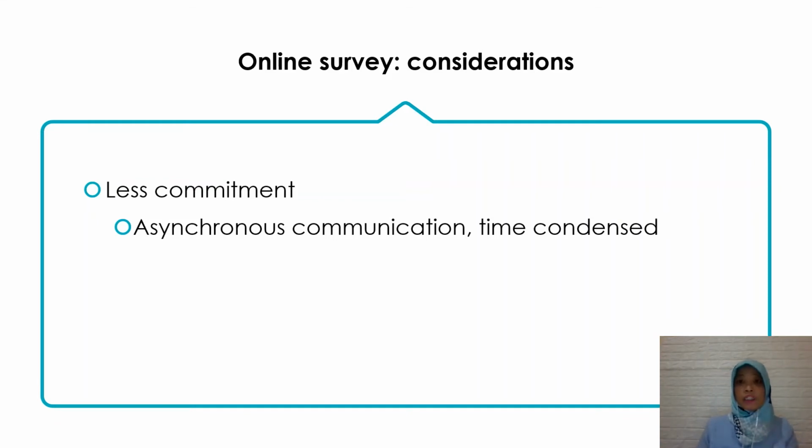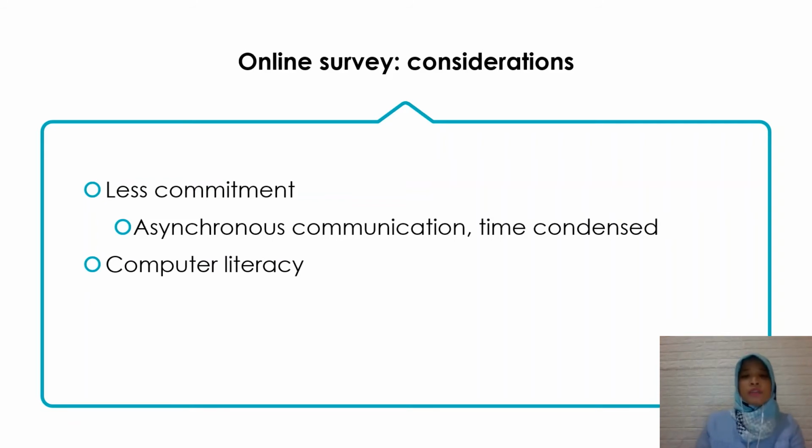If we are conducting the survey in a classroom setting and there is a researcher there, there's a way for the researcher to communicate, to encourage and motivate the participants to complete the questionnaire. But because there's no synchronous direct communication between the participants and the researchers, we are restricted in encouraging the participants to complete or to repeat the survey if, for some reason, they have to stop in the middle.